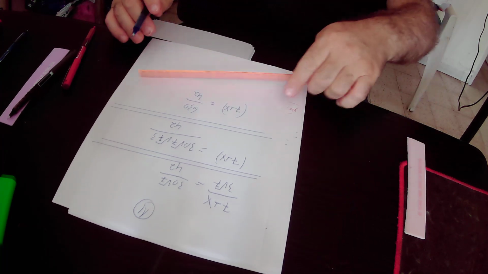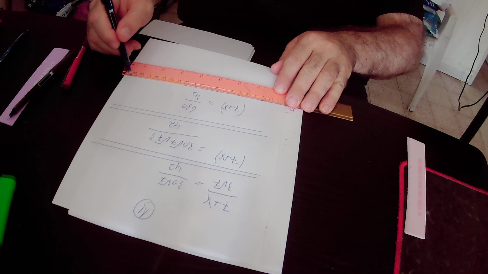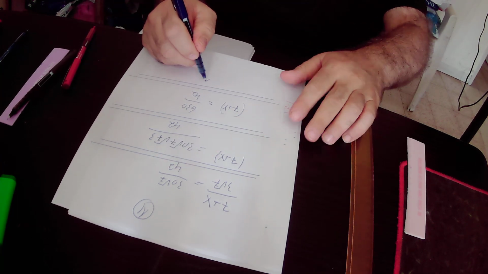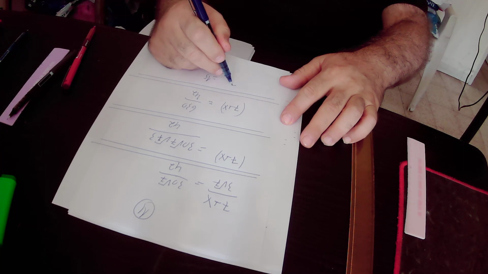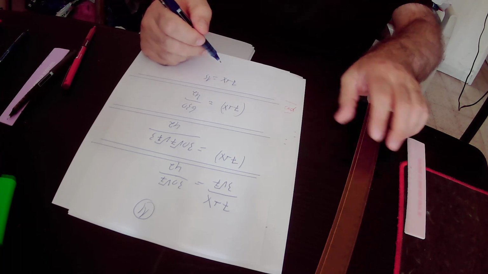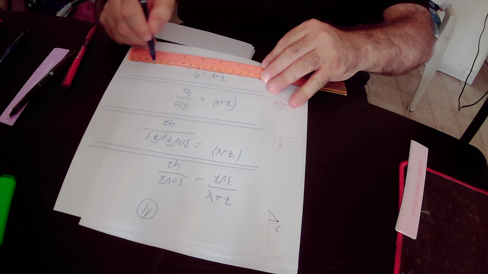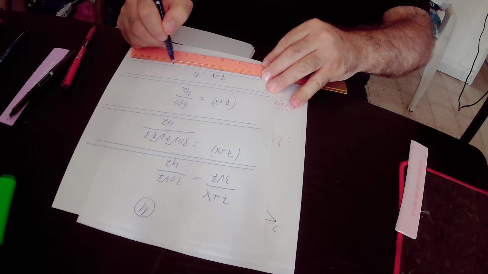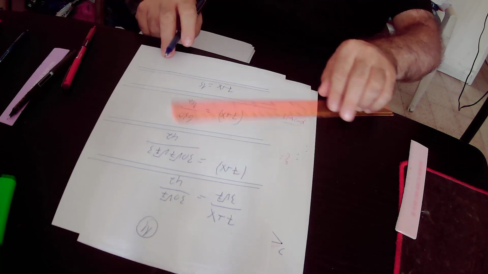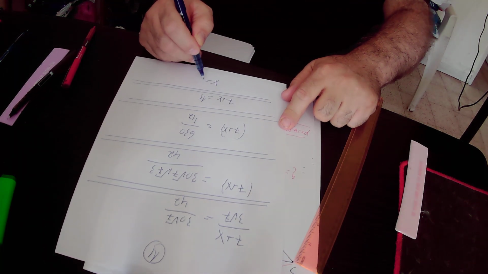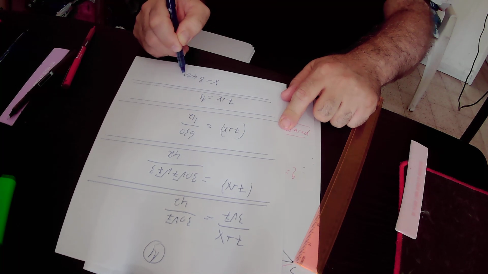So here 630 over 42 equals 15. So 7 plus x equals 15. We will subtract 7 from this equality, and we will get that x equals 8 units.